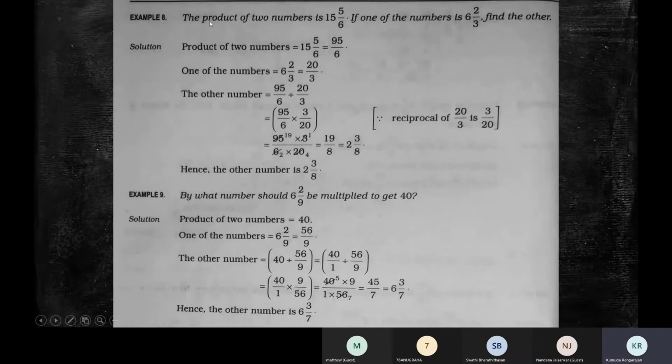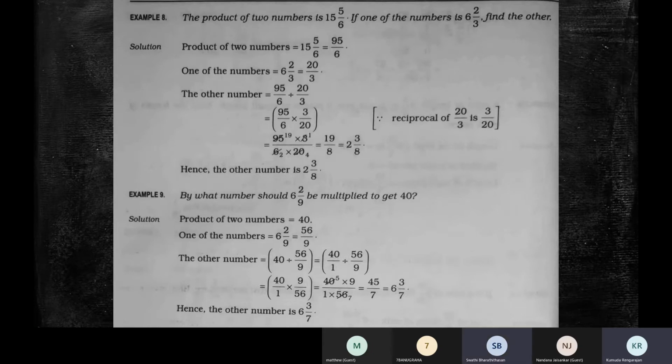Let's read this question. The product of two numbers is 15 5 by 6. Now you tell me, children, let's assume something. Let's have the numbers, say 5 and 7, in our mind. What is the product of 5 and 7, children?